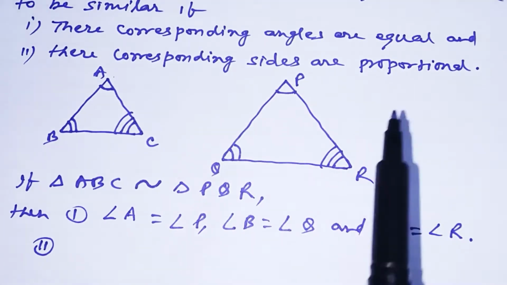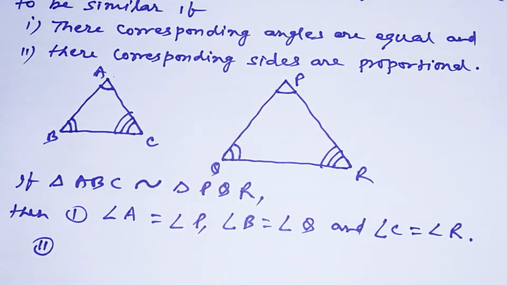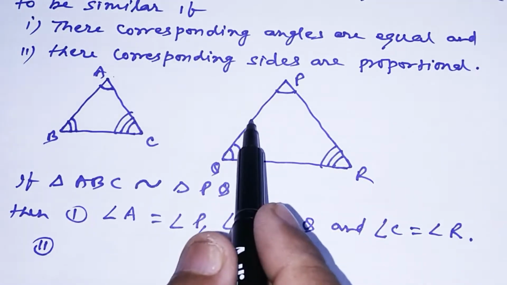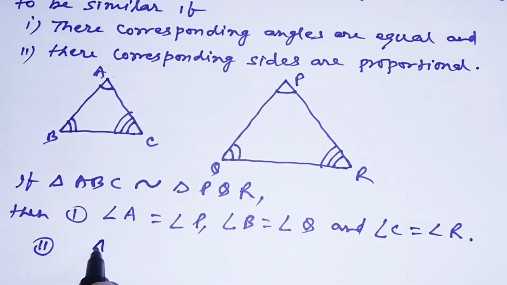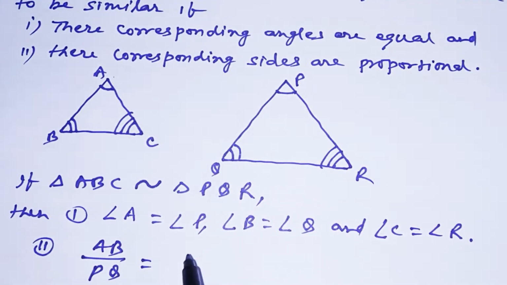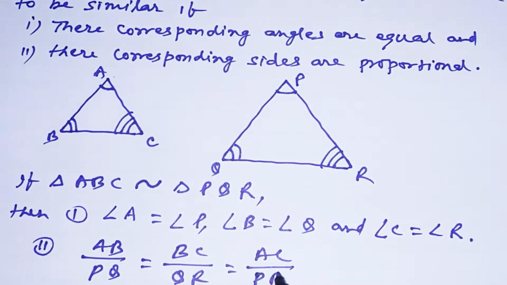Proportional means when two ratios are equal, then it is said to be in proportion. For the corresponding sides, AB corresponding to PQ, the ratio of AB to PQ will be equal to the ratio of BC to QR, equal to the ratio of AC to PR.